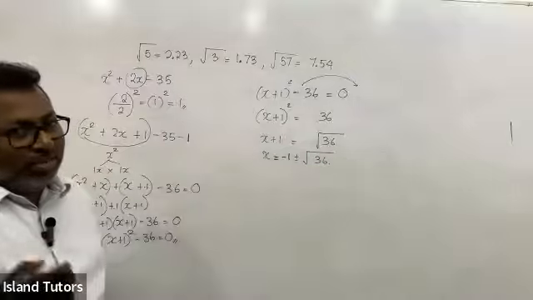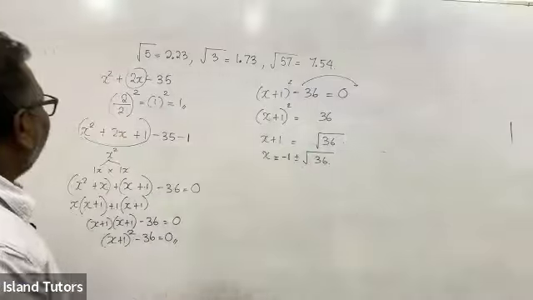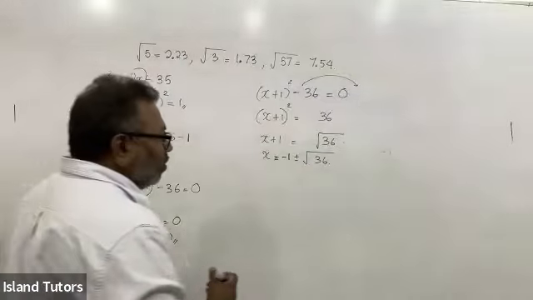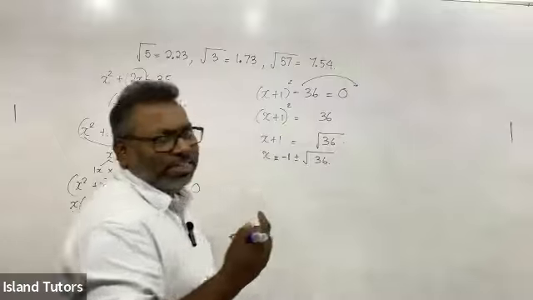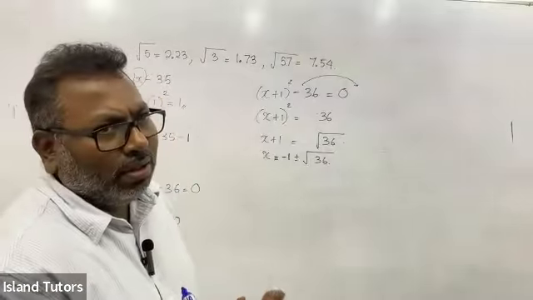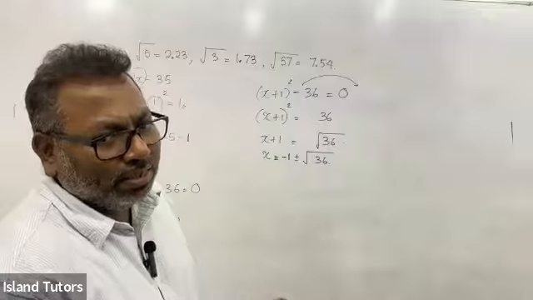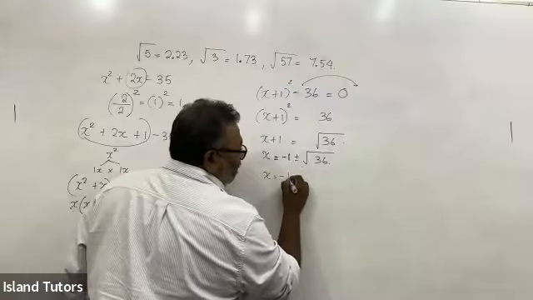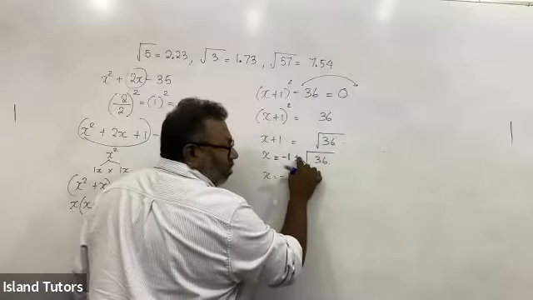You followed? Now 36 is a perfect square, isn't it? How much is the square root of 36, guys? 6. So x is equal to minus 1 plus or minus 6.